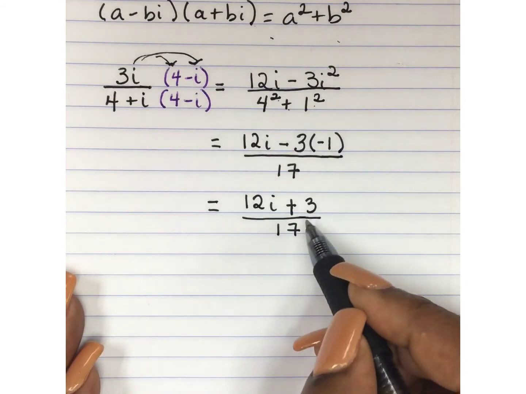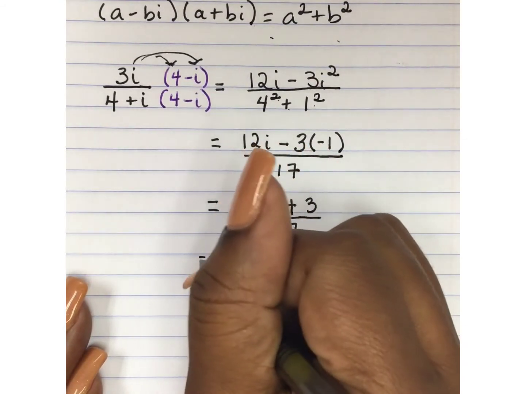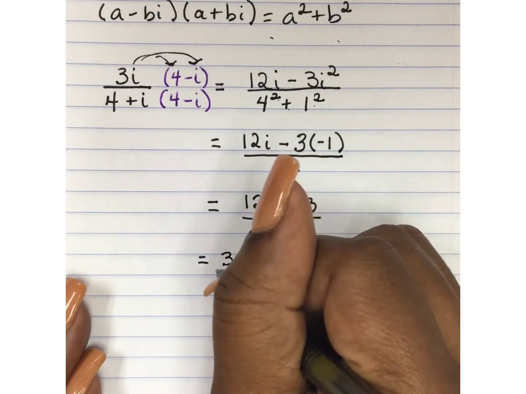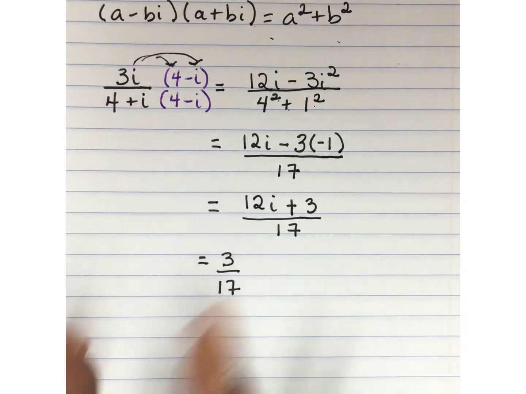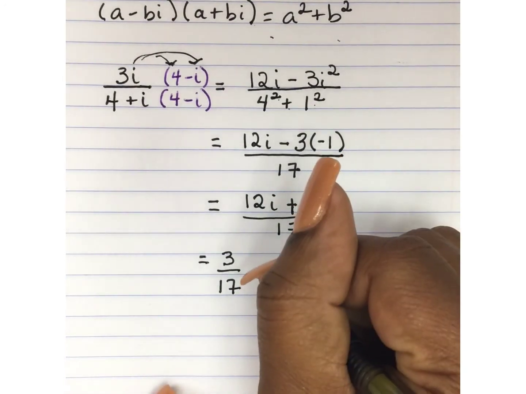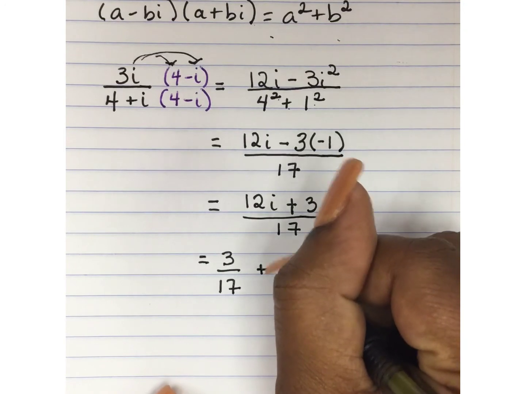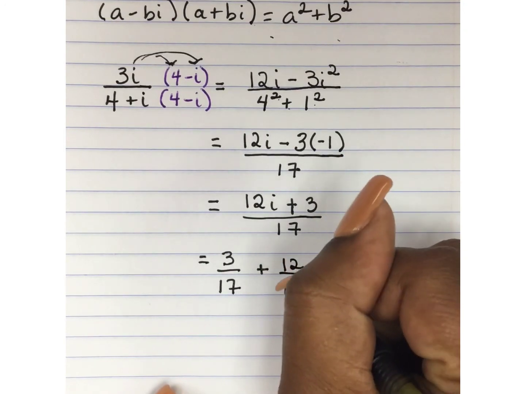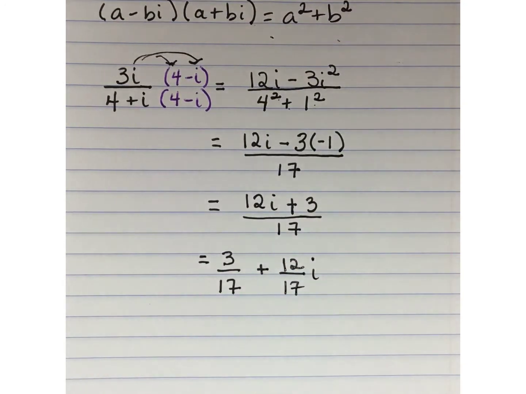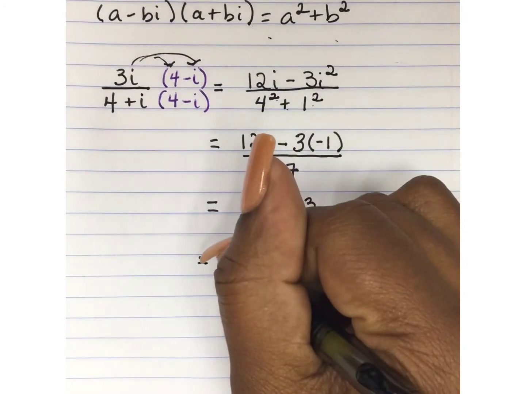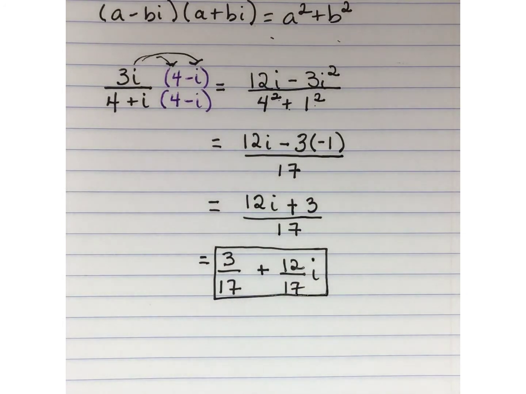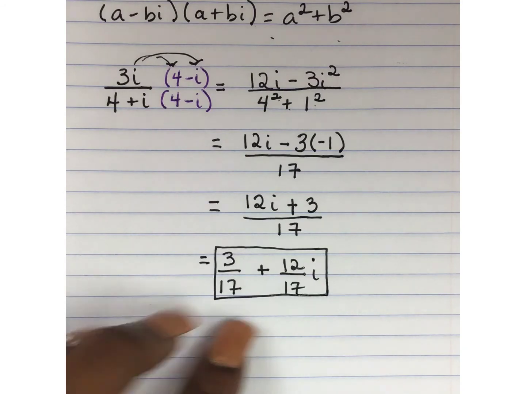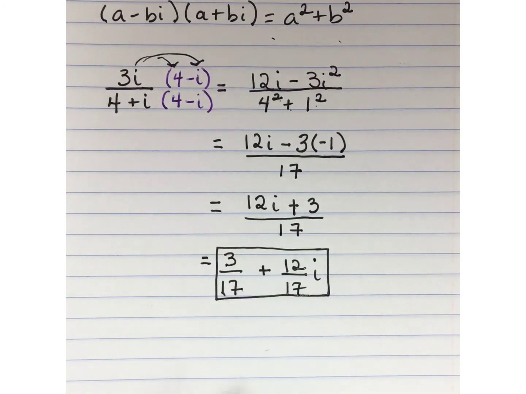And so my real number would be, in the numerator, the 3 over 17, and my imaginary number would be 12 over 17i. And this is our answer. Very important that you separate. After you separate, then you reduce if needed.